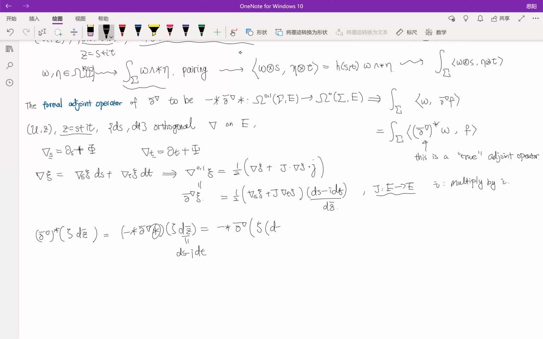and ds minus idt becomes ct minus ct plus ids, which becomes ds zeta, ds dt plus I times dt zeta minus I times dt zeta dt ds, and then we take the 0,1 part.